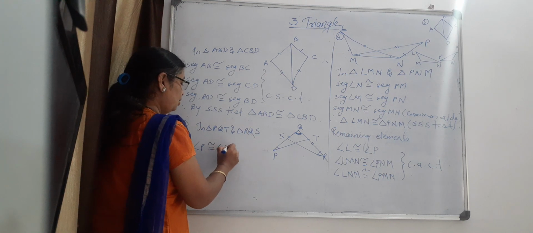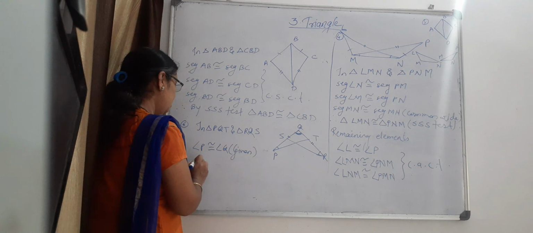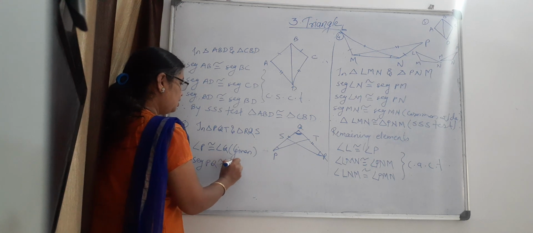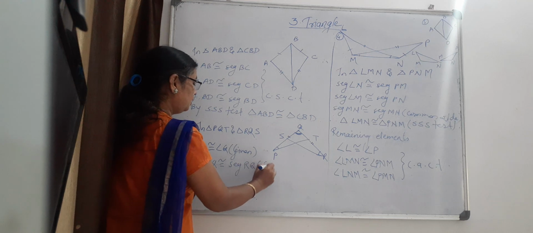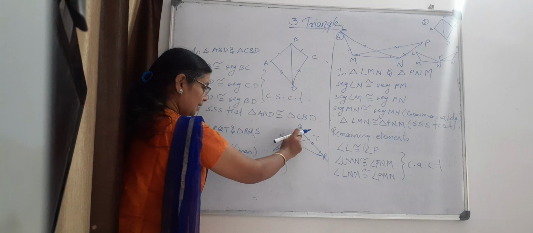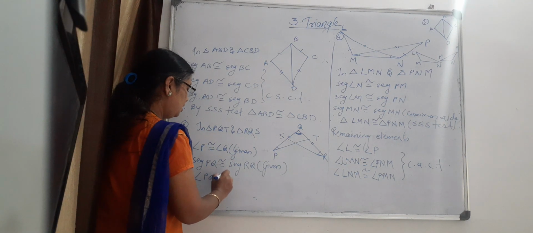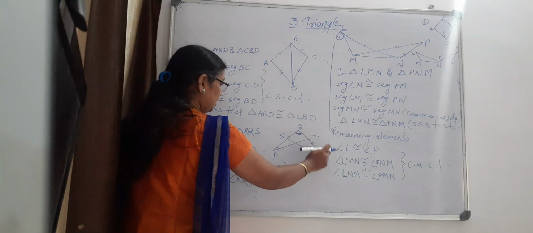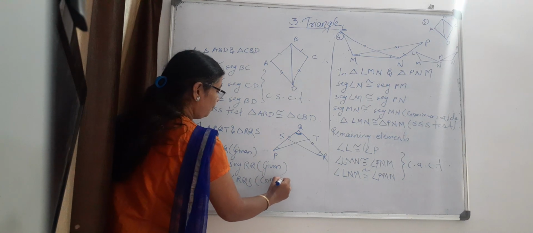Now in triangle PQT and RQS, what is given that you have to write down first? Angle P is congruent to angle R. That is given. Again what is given? Segment PQ is congruent to segment RQ. It is also given. And third, what you have to take? This angle. It is the common angle. Angle PQT is congruent to angle RQS. Which type of angle?